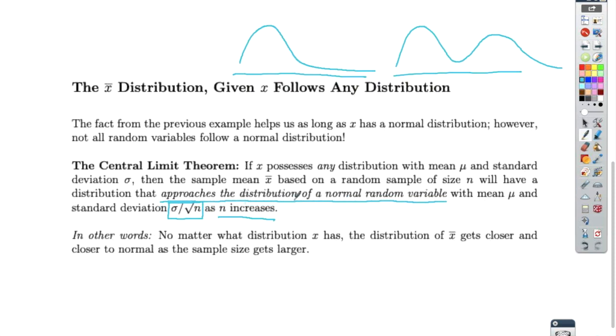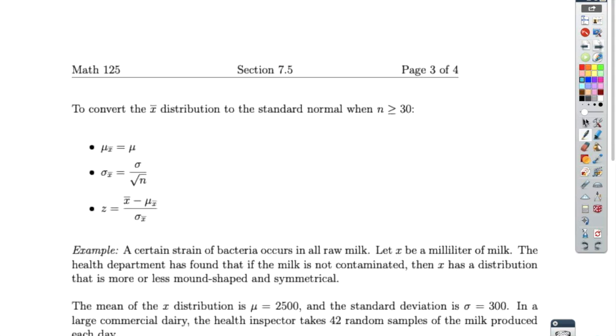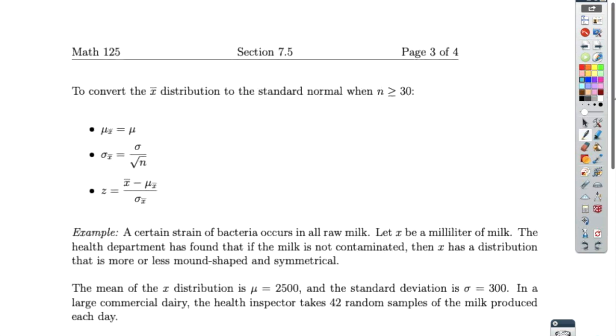Now, let me write out these formulas in a friendly bulleted way. First of all, the mean of our sampling distribution is the original mean, but again, we do write it with a subscript just to denote that these are different means.